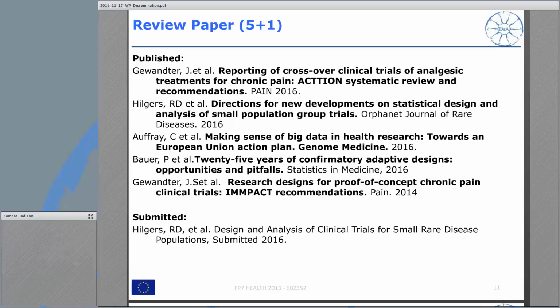Another highlight is the 25 years of confirmatory adaptive designs paper, which is listed as featured article in Statistics in Medicine, with invited discussions of the FDA statistician and other well-known statisticians such as Willi Maurer from Novartis or Cyrus Mehta from Cytel.